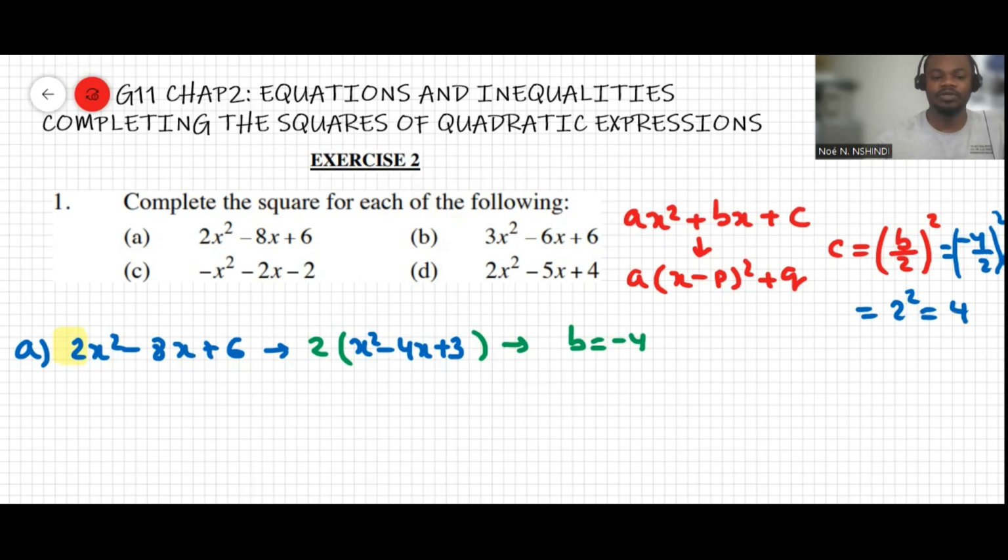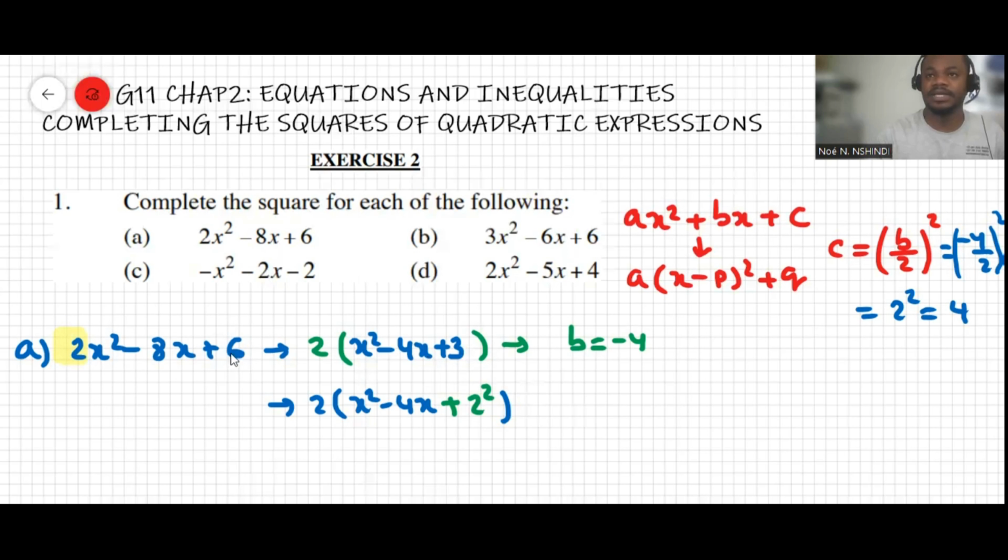Now I am going to write here 2 open brackets x squared minus 4x. Instead of writing plus 3, I want to say plus 2 squared. I know this is 4. Now I close my bracket. I need to have 6 over here.